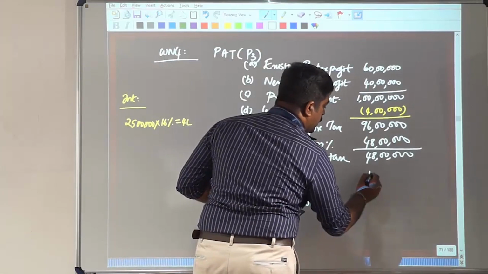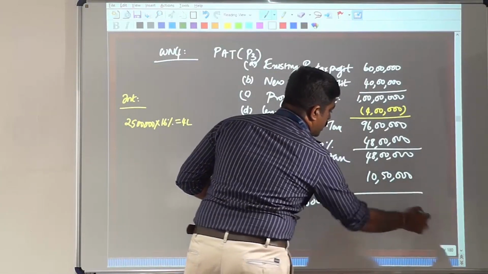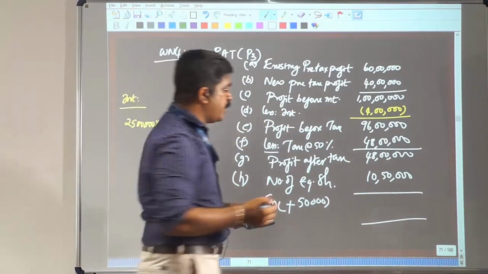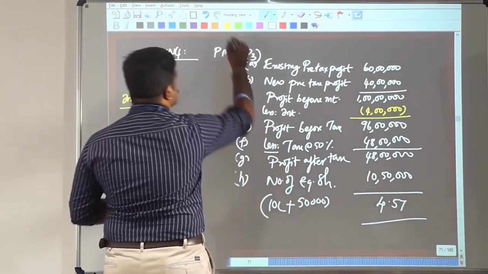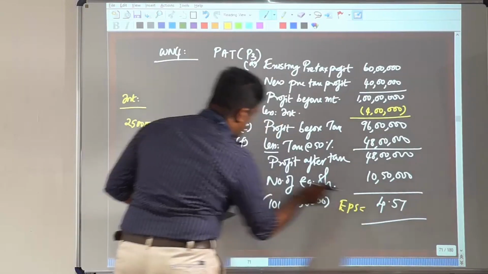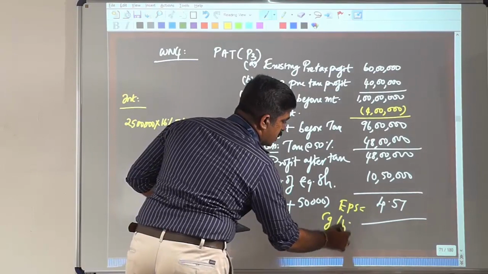So 48 lakh divided by 10 lakh 50,000 would work out to 4.57. So this is going to be the EPS. EPS is going to be item number G divided by H.